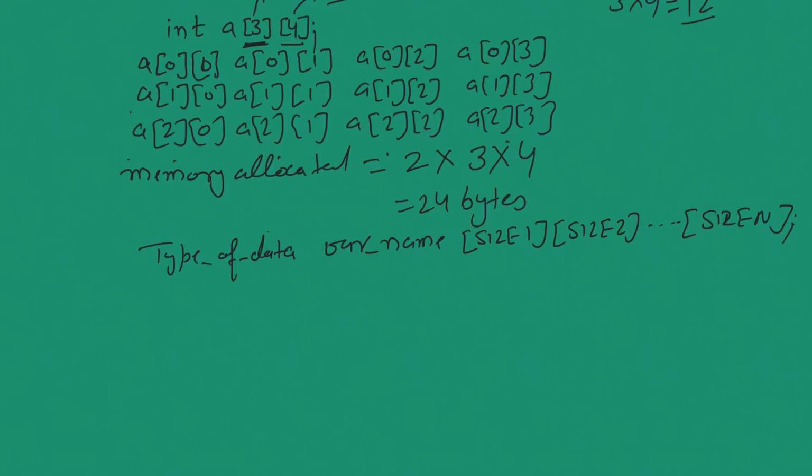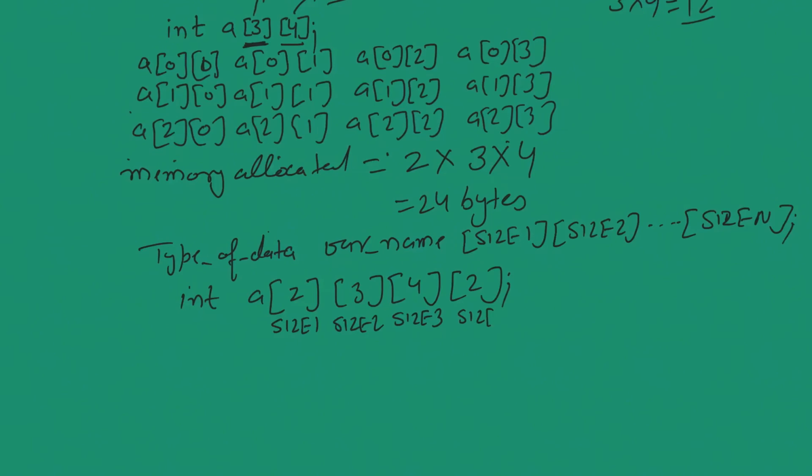For example, if I define int a with sizes 2, 3, 4 and 2, where we stop here as the last, this is a 4-dimensional array.